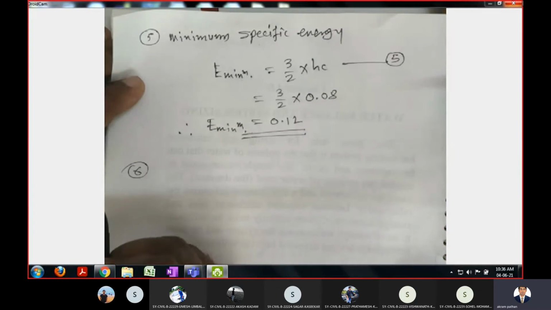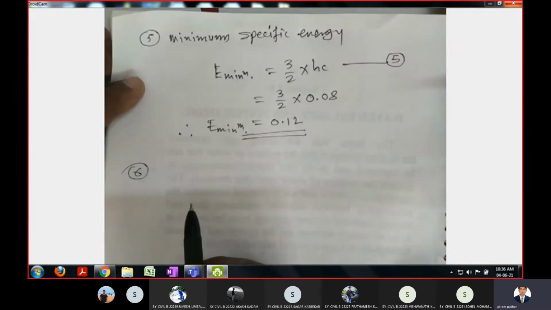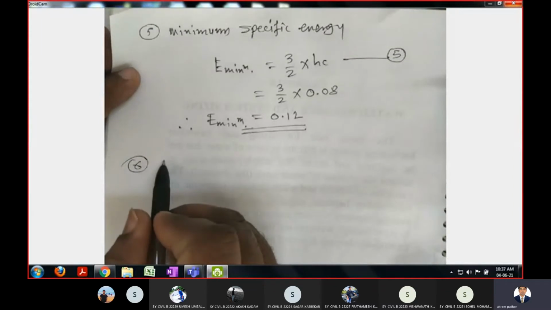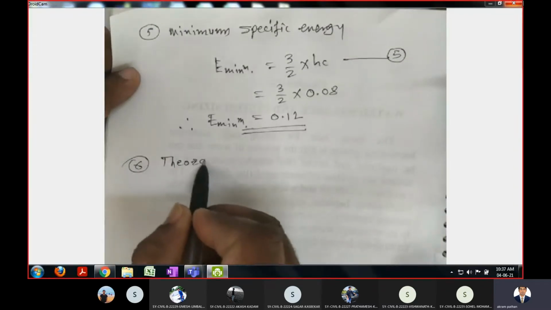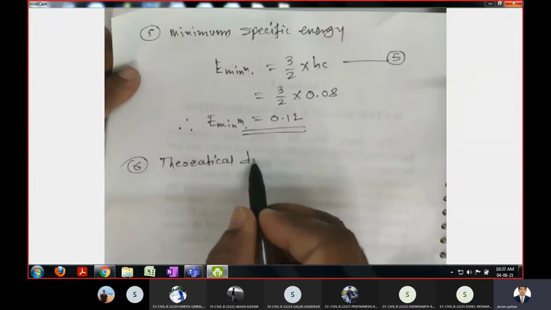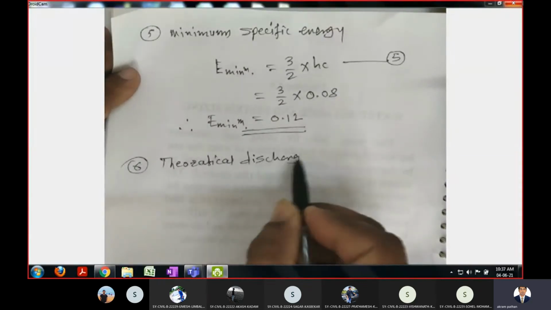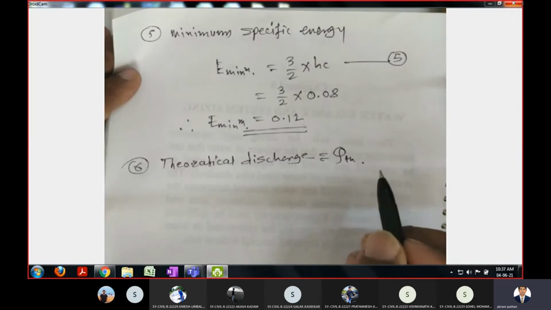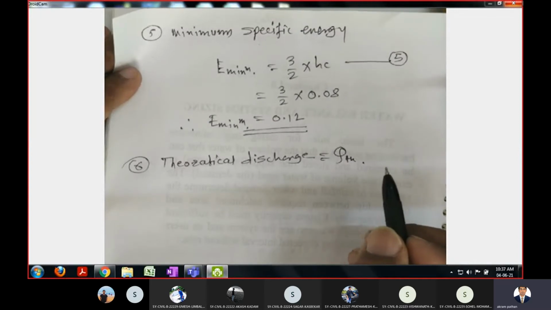Then the sixth parameter we have to calculate, that is theoretical discharge, Q theoretical.